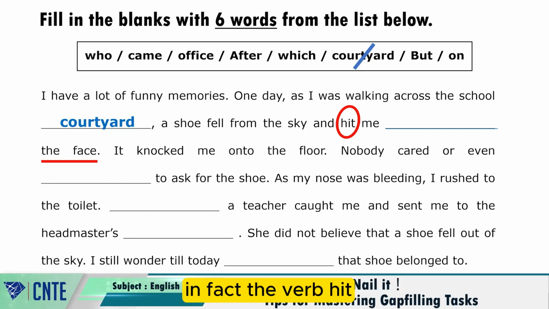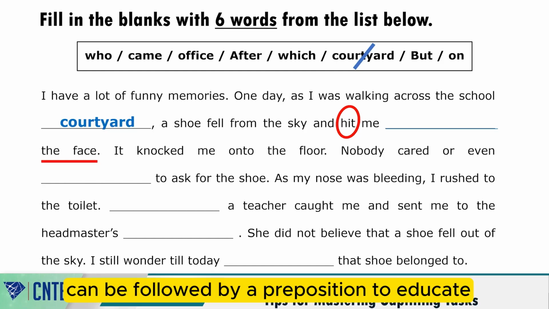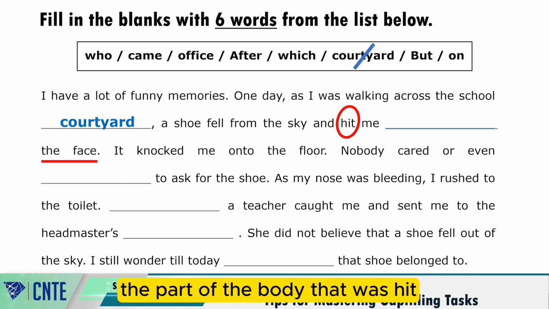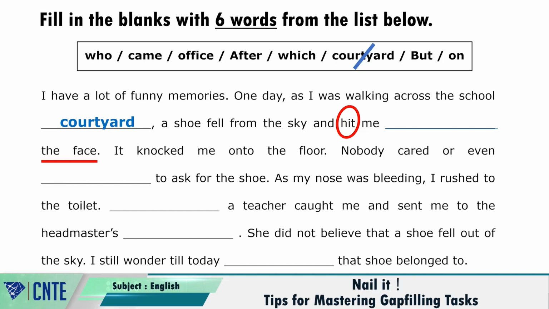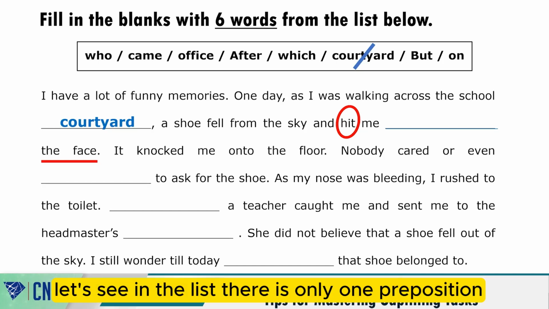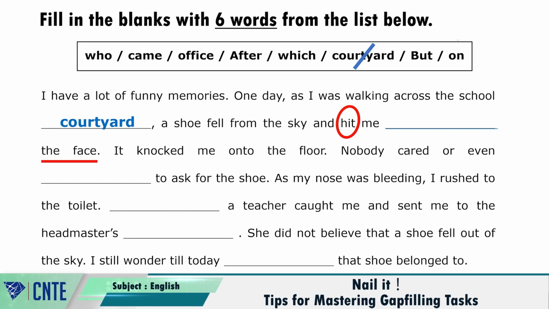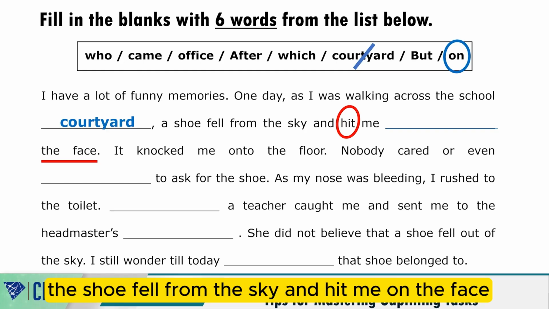In fact, the verb hit can be followed by a preposition to indicate the part of the body that was hit. Let's see in the list. There is only one preposition, which is on. So, the answer is: a shoe fell from the sky and hit me on the face.